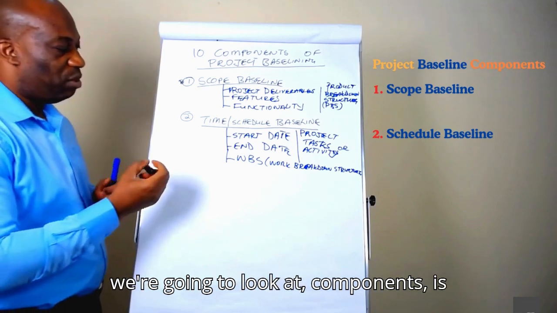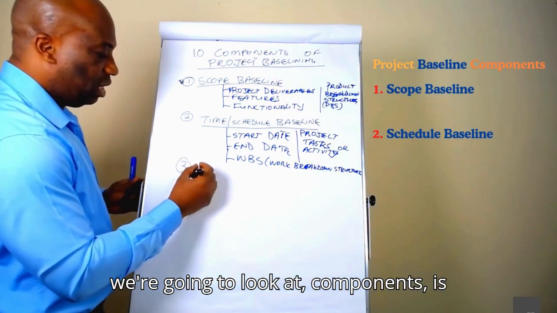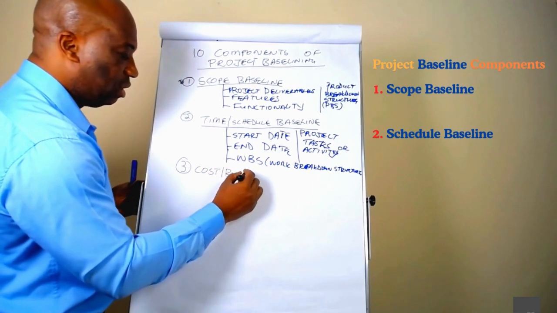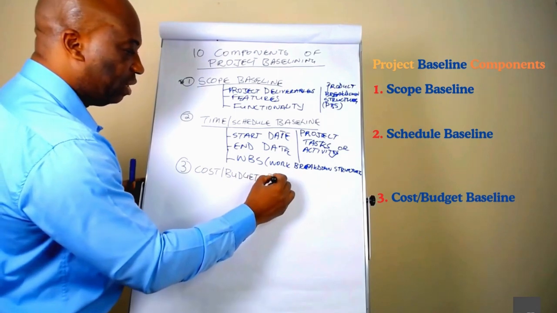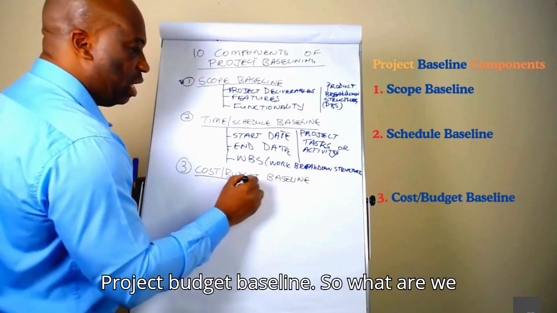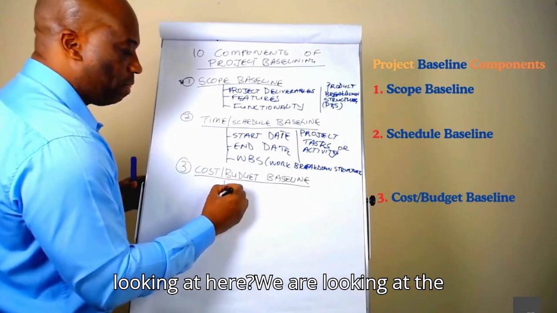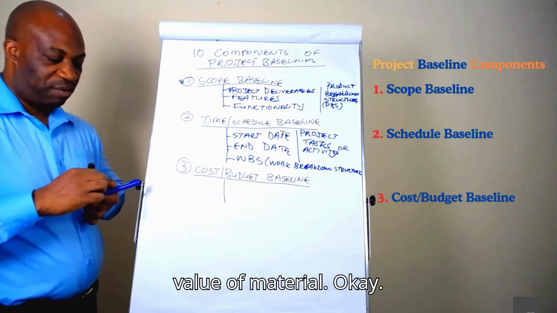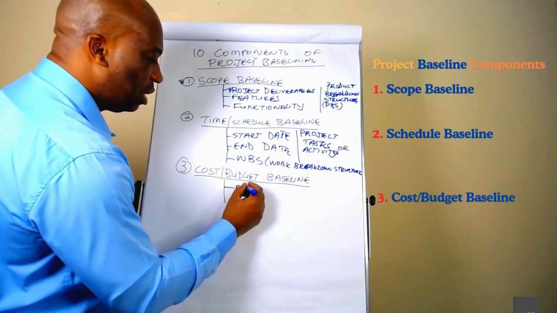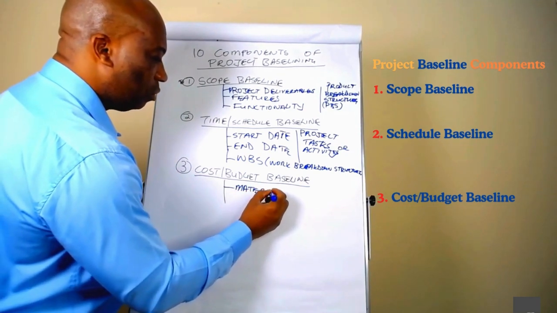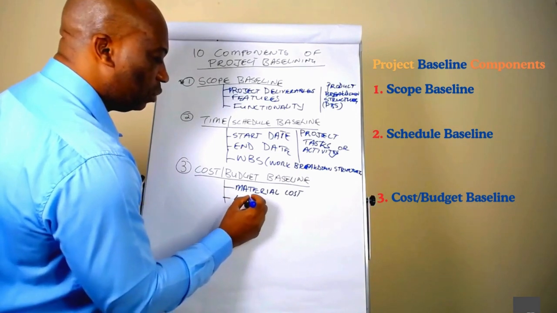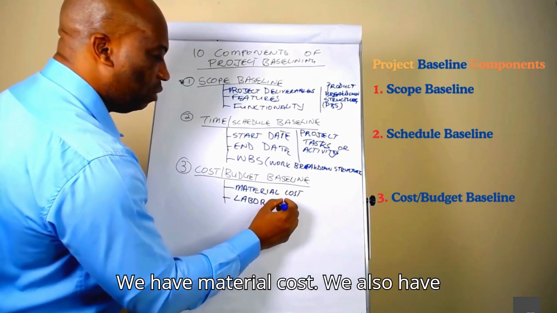So the third component we're going to look at is cost. Some want to call it the project budget baseline. Okay, project budget baseline. So what are we looking at here? We are looking at the value of material. So we have material cost.